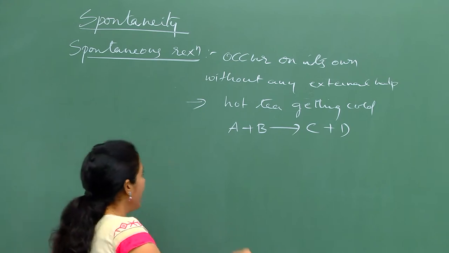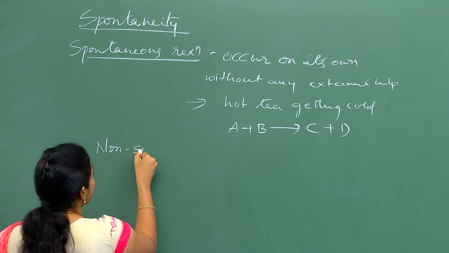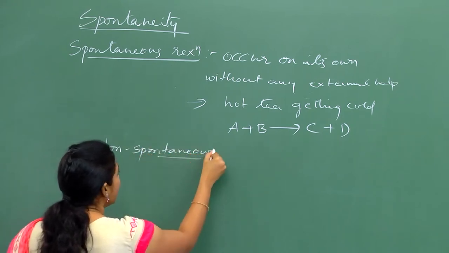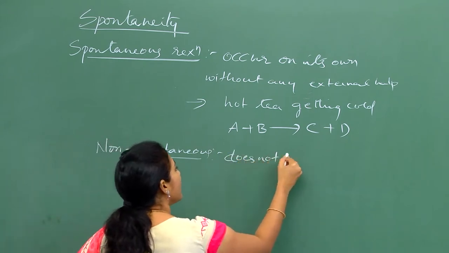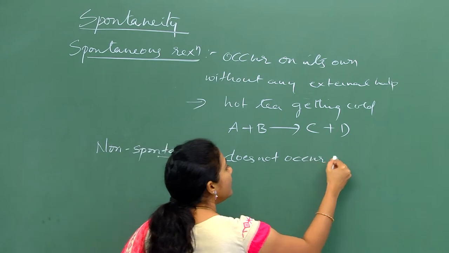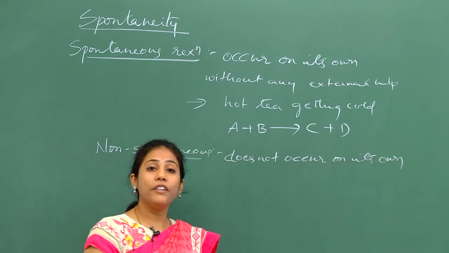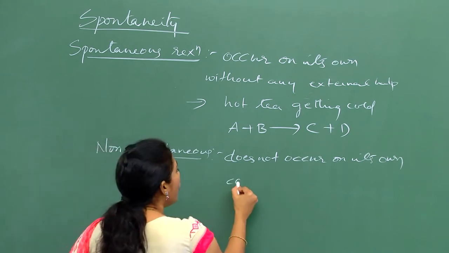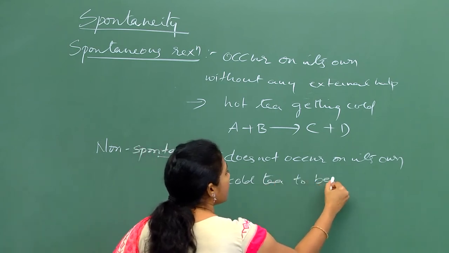In a similar way, we have certain reactions called non-spontaneous also. So what do you mean by a non-spontaneous reaction? The reactions that do not occur on their own are called non-spontaneous reactions. For example, cold tea to become hot.